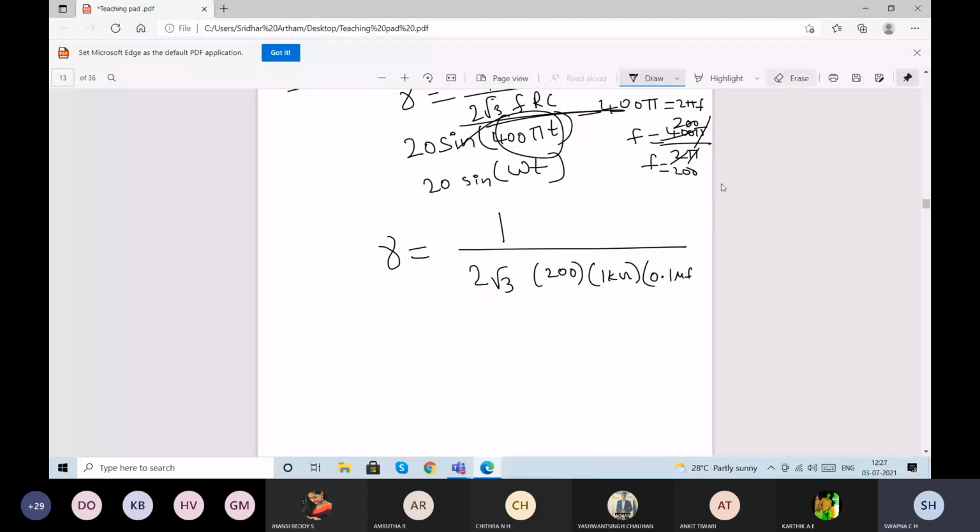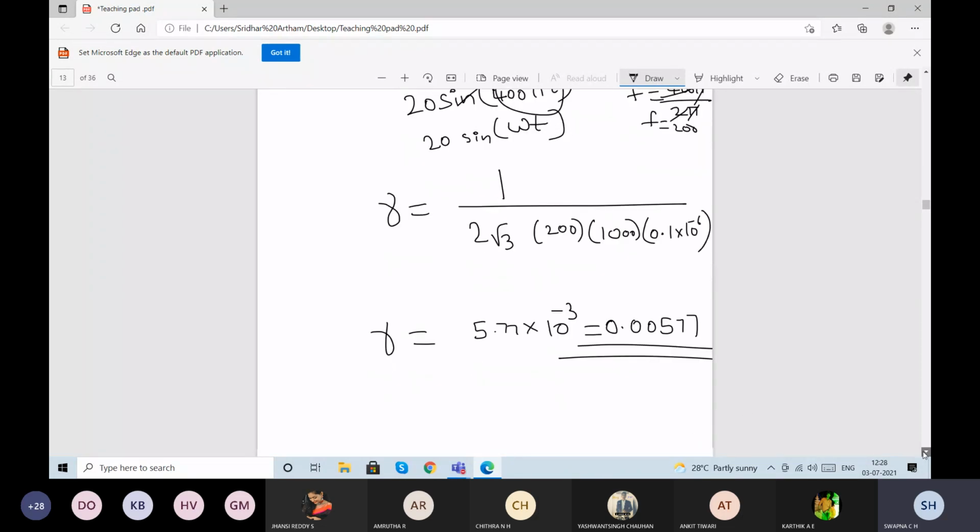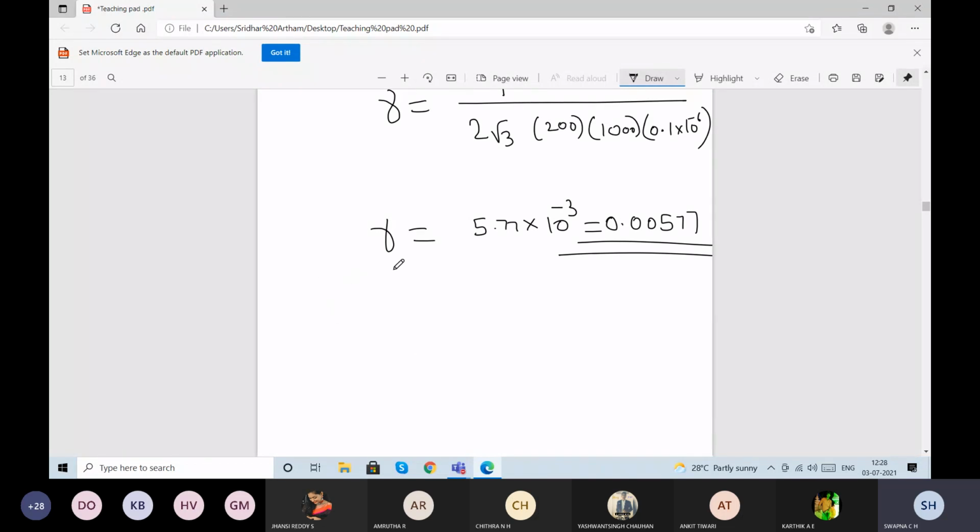Micro means 10 to the power of -6, and 1k means 3 zeros. So you just simplify using the calculator. You will get gamma as 5.77 into 10 to the power of -3, that is 0.00577. Okay, so this is the gamma value for the half wave rectifier.